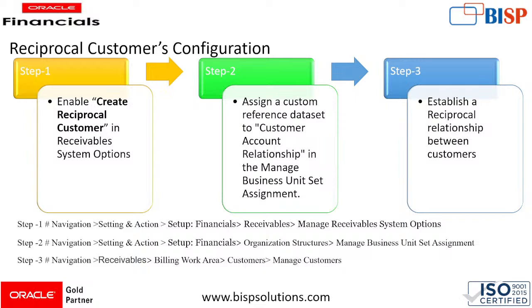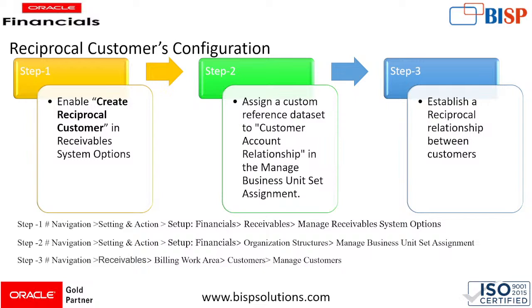If you do not enable the allow payment of unrelated transaction system option, then any customer account can pay for open debit items of any other customer account. You can still use the account relationship to manage billing and shipping services.